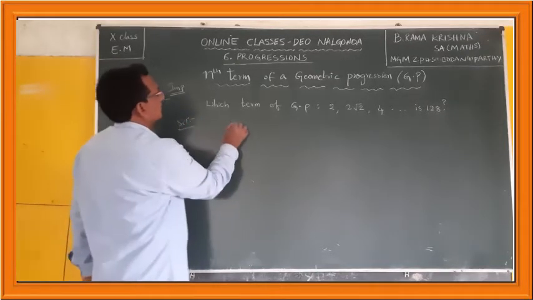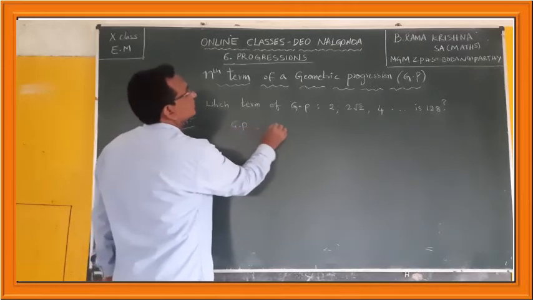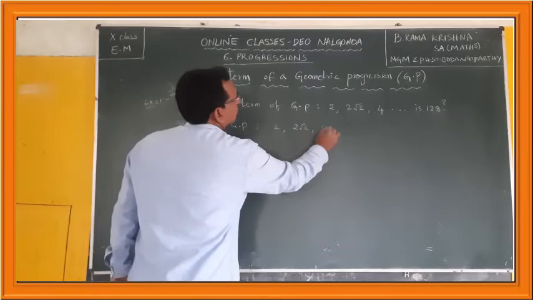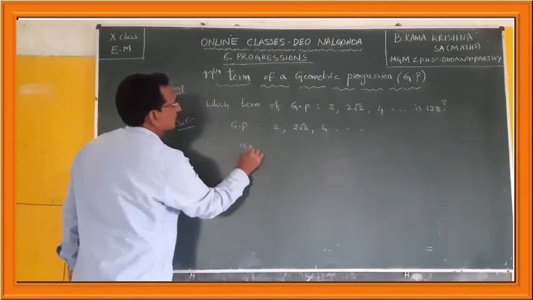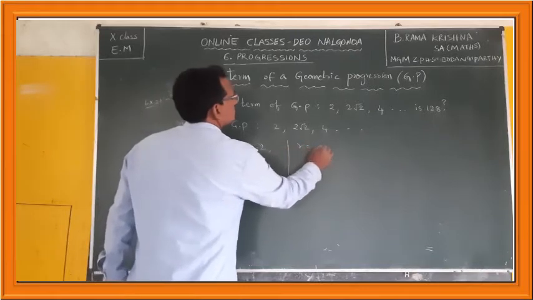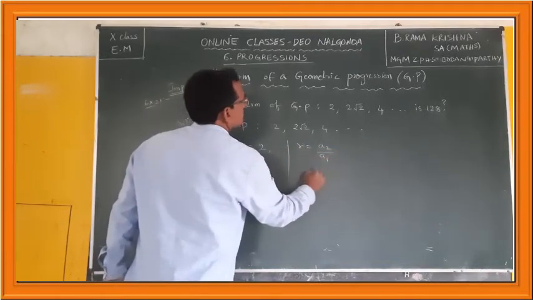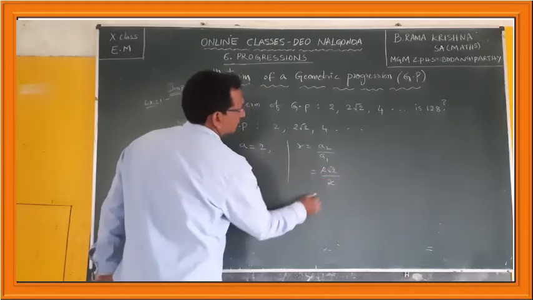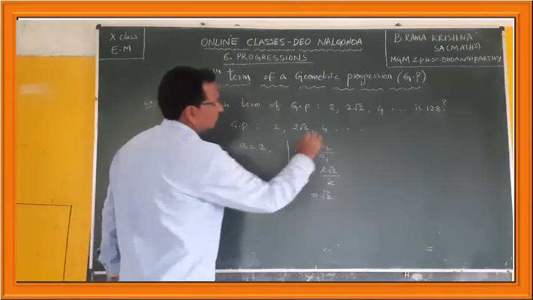Write down the GP: 2, 2 root 2, 4 and so on. From this you can write a equals 2. Next, r equals a2 by a1, which equals 2 root 2 by 2. The 2 gets cancelled, r equals root 2.